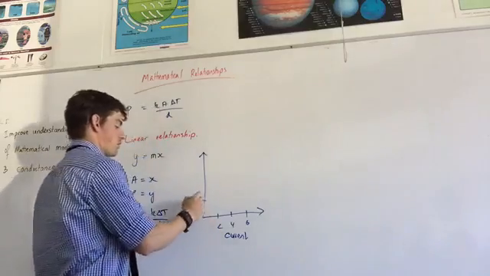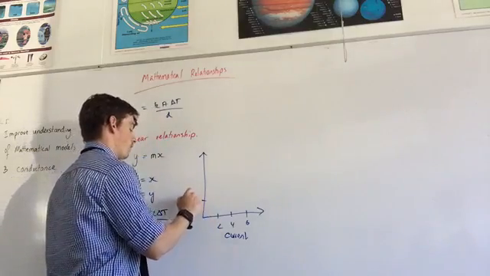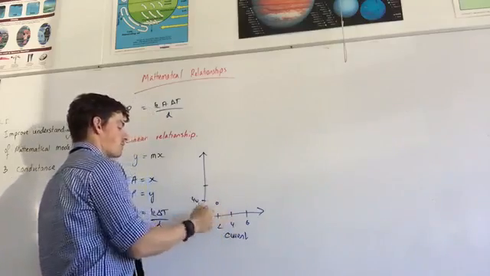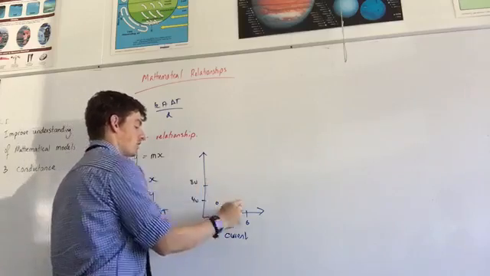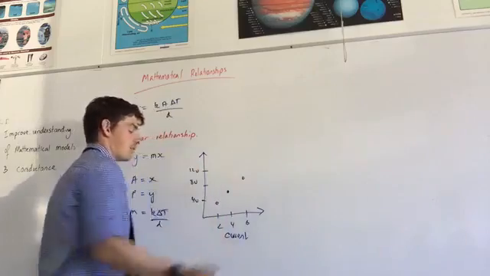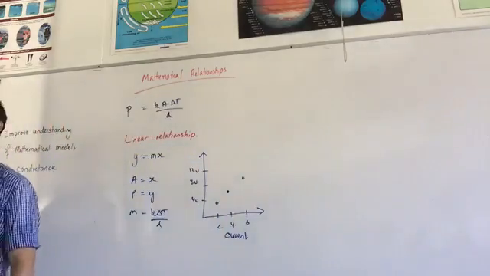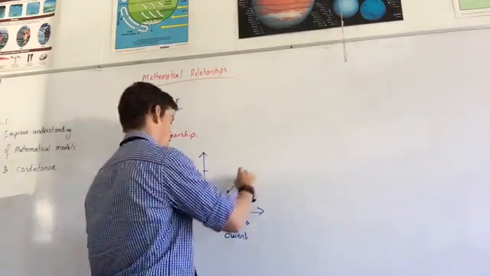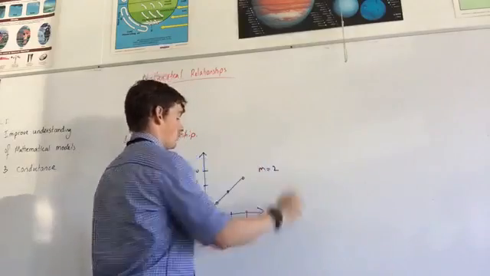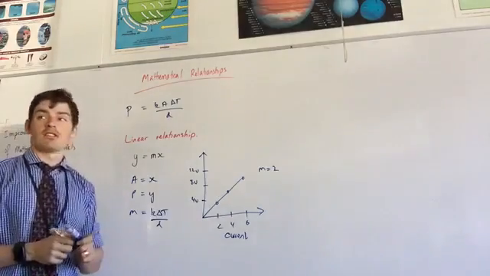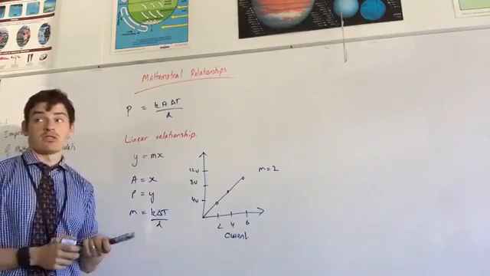At 2 amps, I had 4 volts. At 4 amps I had 8 volts. And at 6, 12 volts. Happy with that? What's the gradient of my line? What's it going up by, everyone? m equals 2. Happy with that? What's the resistance? 2 ohms.